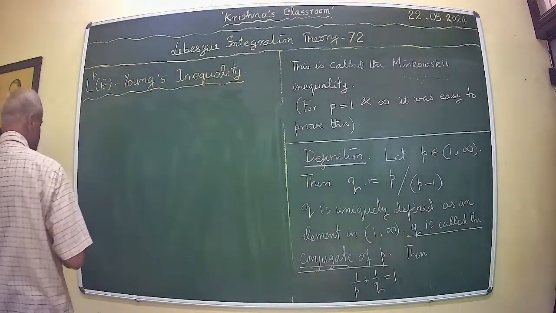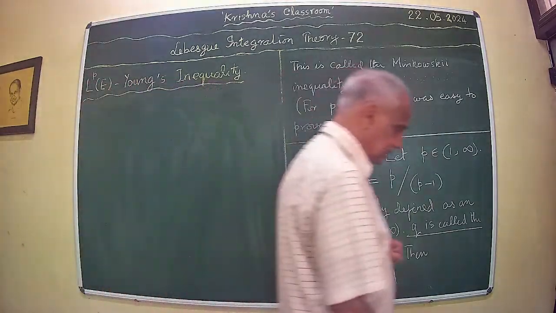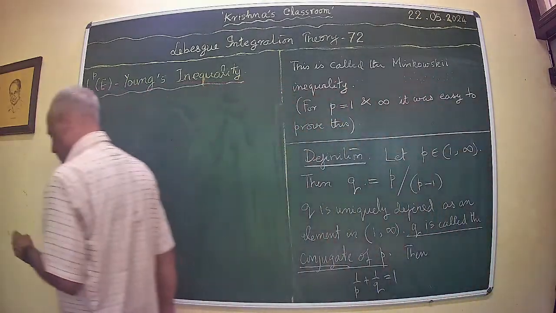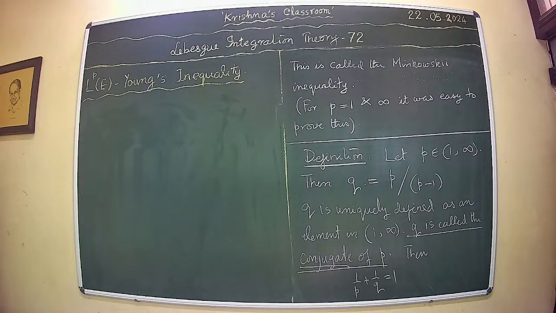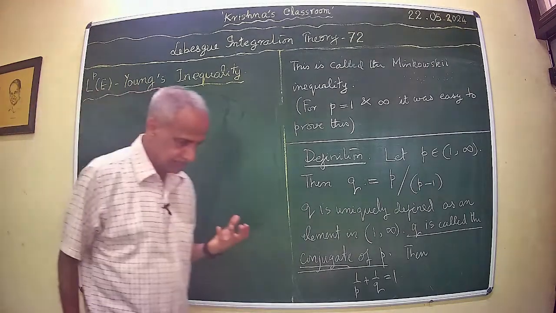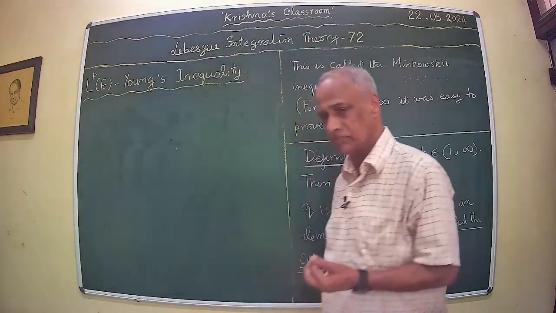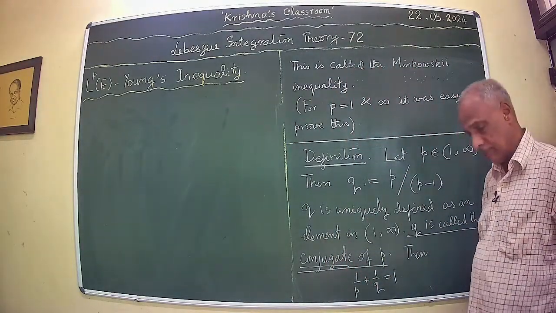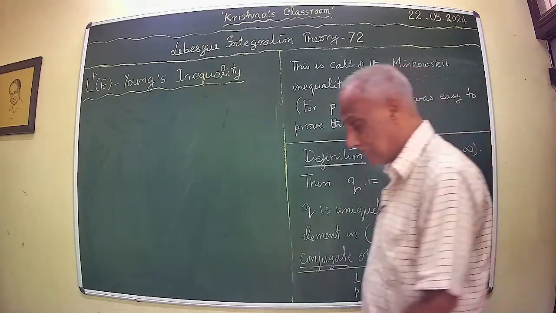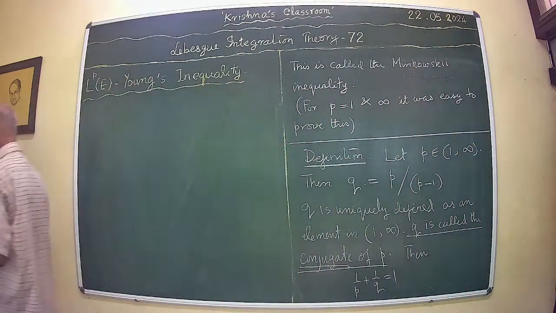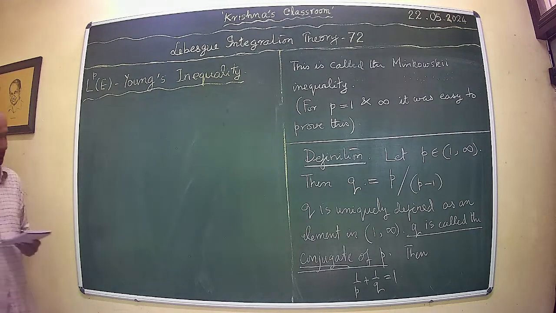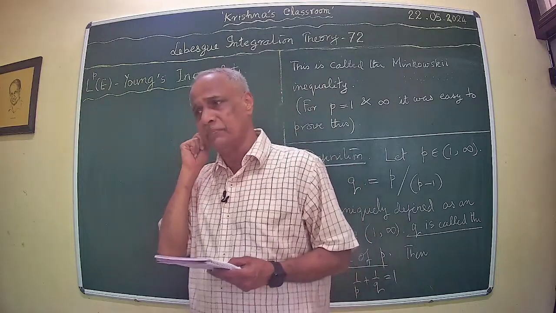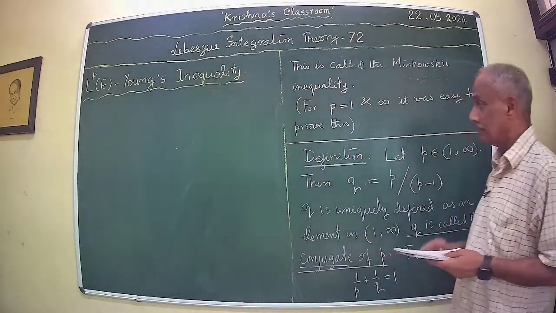Okay, so we have a string of inequalities. One is called the Young's inequality, which in turn helps you to prove what is called the Minkowski inequality, as well as there is the Holder's inequality, which is a generalization of the Cauchy-Schwarz. So all these are very fascinating. In fact, one can go very deep in all these things later, but let us start with this.